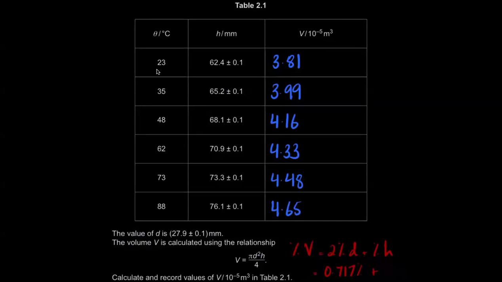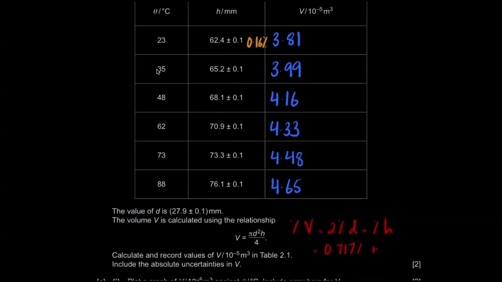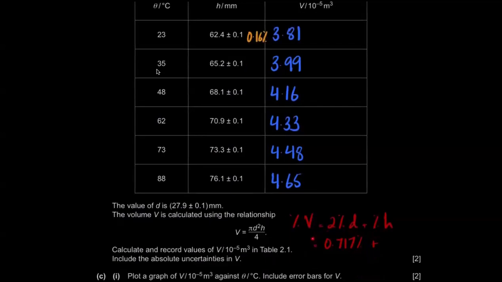Now that I have all of these values, I can find out the percentage uncertainties for each of these cases. So 0.1 over 62.4 times 100 is 0.16%. I add to this 0.16% the value 0.717, and then I take that percentage of this thing, right?